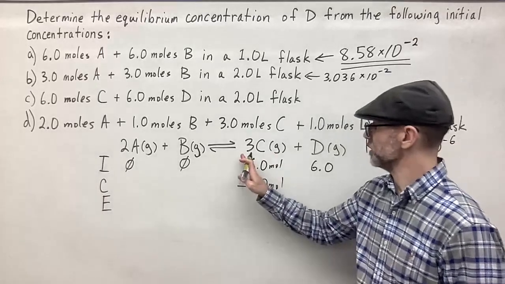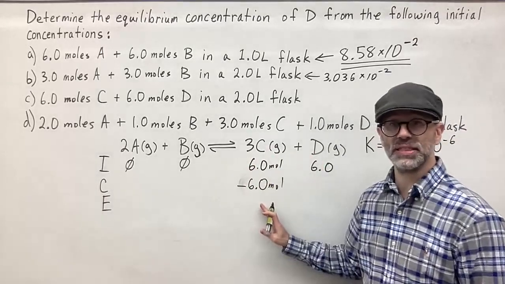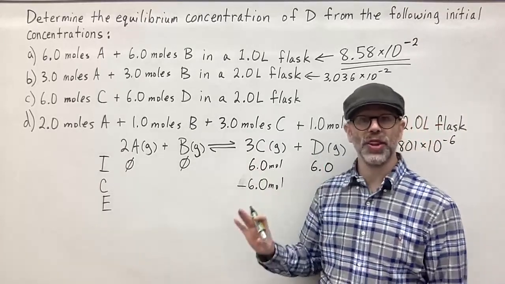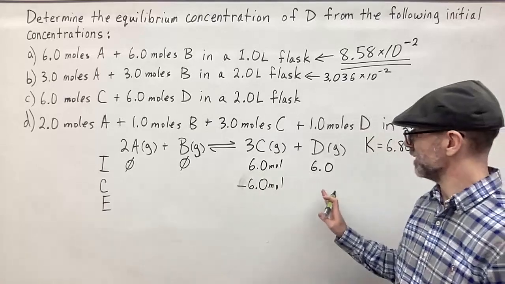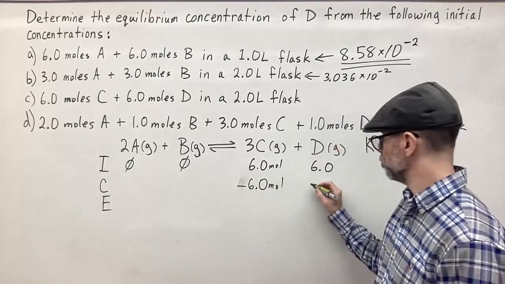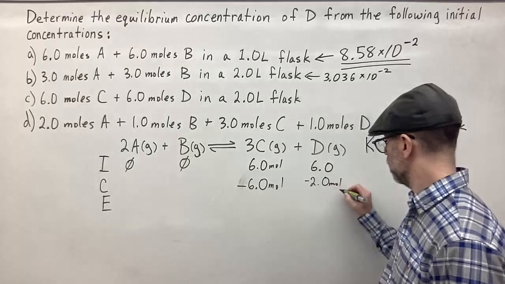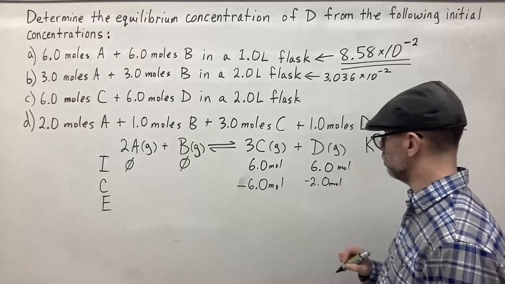And since this is a 3:1 ratio, if I lose 6 moles of C, then I'm going to lose 1/3 of that in D. So 1/3 of 6 is going to be 2. So I'm going to lose 2 moles of D. Okay?